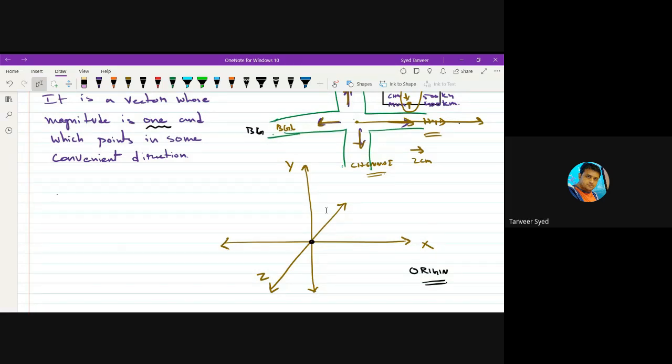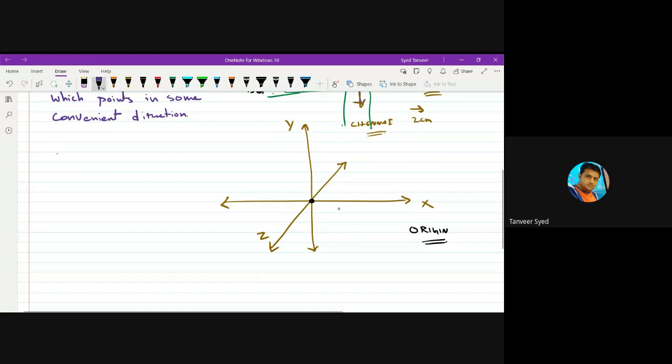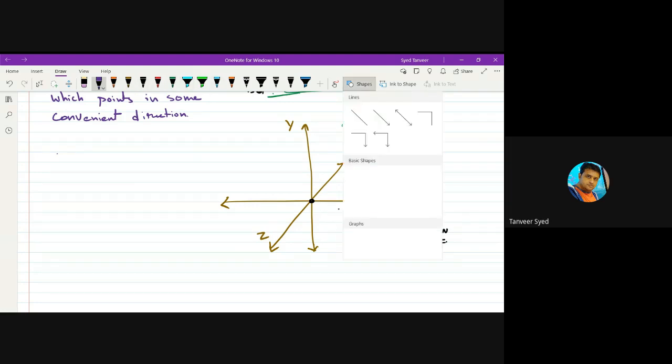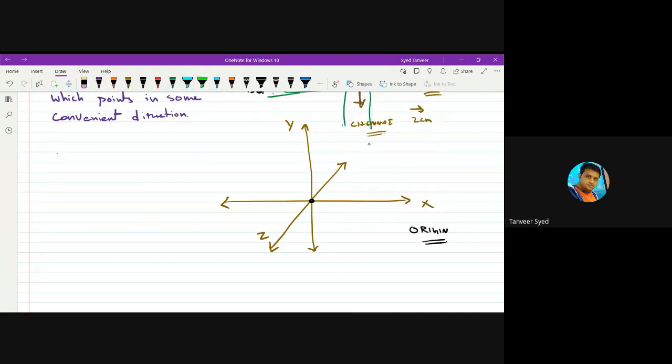Okay. Now, a unit vector which points along x direction, like this. Unit vector which points along x direction.